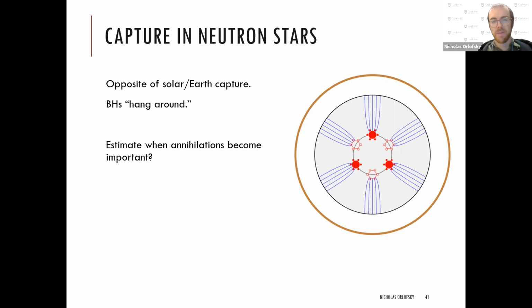So annihilations could happen essentially if the flux tubes from one black hole meet up and connect with the flux tubes of another black hole, so that you get flux tubes that are connected between black holes as opposed to being connected to the surface of the core.